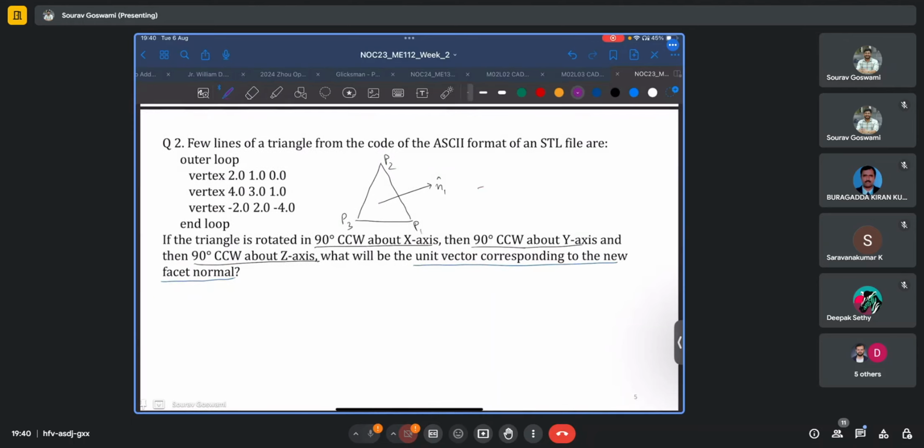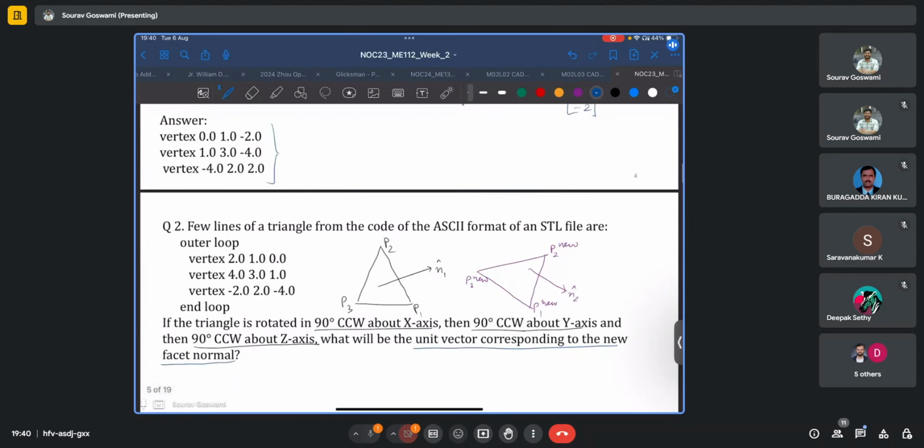So say this might now be P1 new, P2 new, and P3 new. And the facet normal might also have changed direction. Now we have to find this unit vector corresponding to this new facet normal. So let us do that.